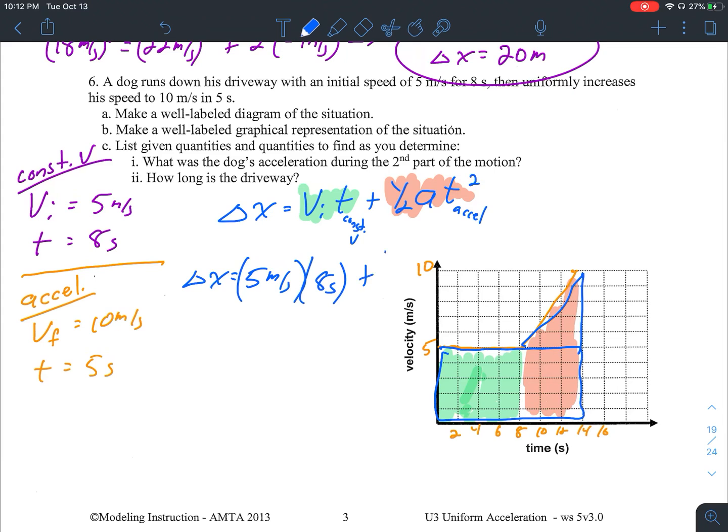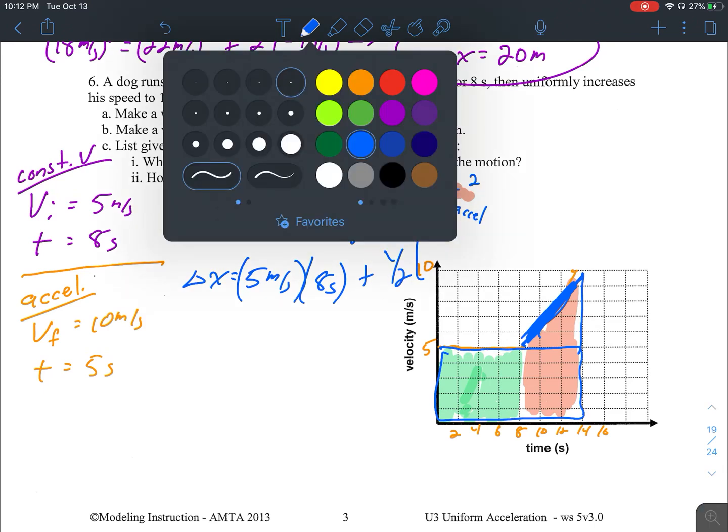And I'm probably going to run out of room. Oh no. What was our acceleration? We never found that out. So we have 2 options. We can figure out the slope of that line when we're accelerating, or just a quick calculation of acceleration, pretty much by definition.